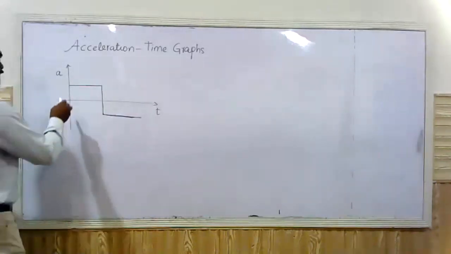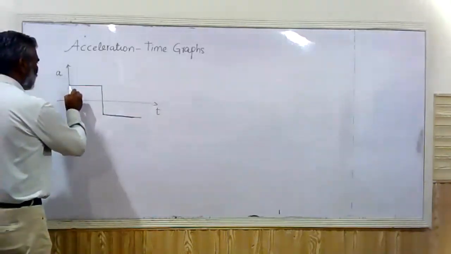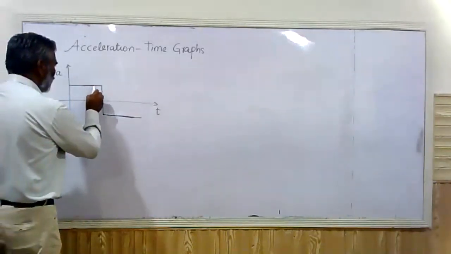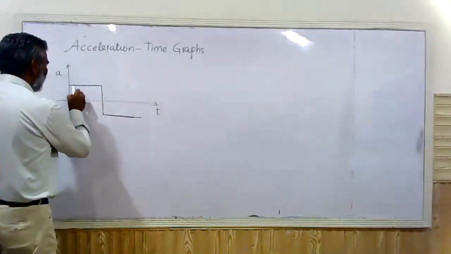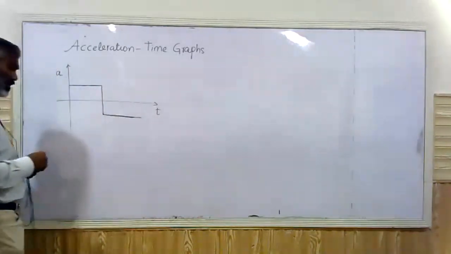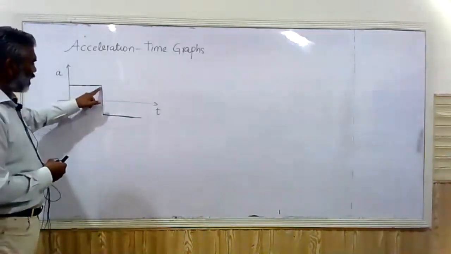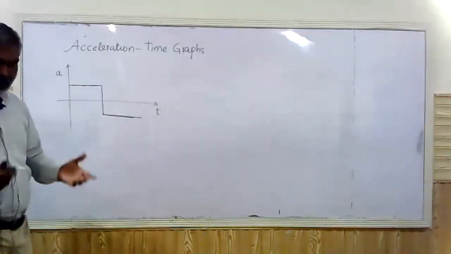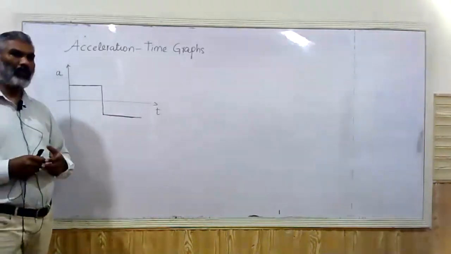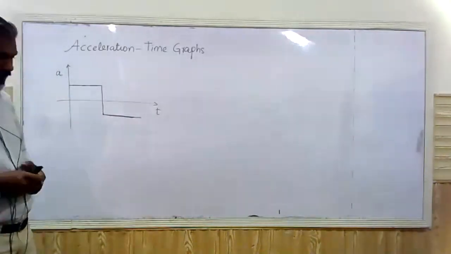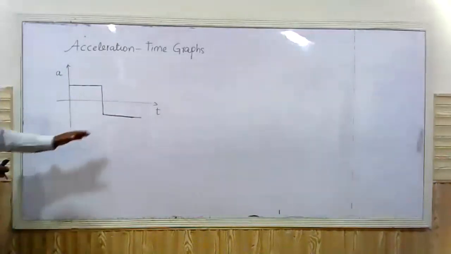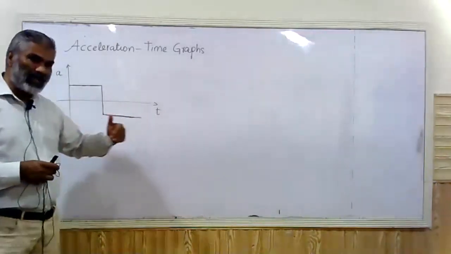it may be accelerating at constant rate, means there is no change in its acceleration, its velocity is increasing, but suddenly due to some mechanical system maybe, or maybe it is a radio controlled device that you are playing with, it starts decelerating.